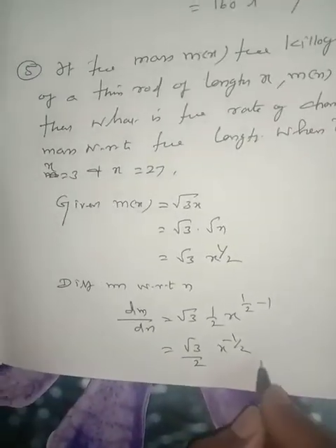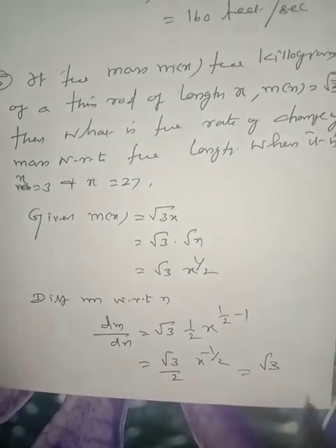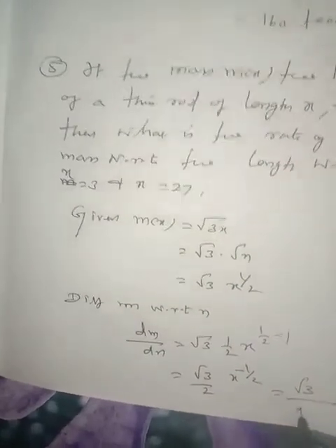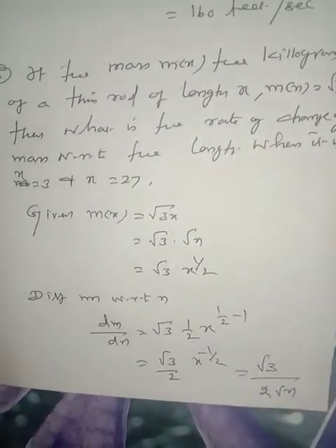This means dm by dx is equal to root 3 divided by 2 root x.